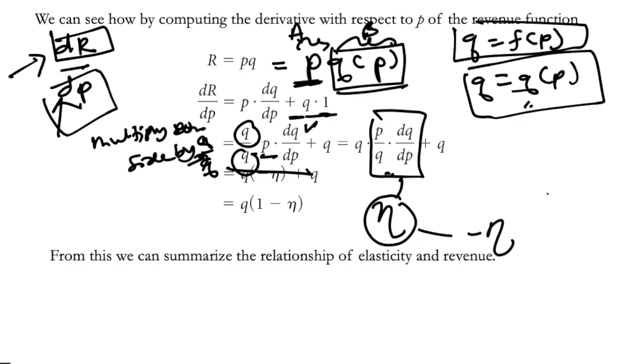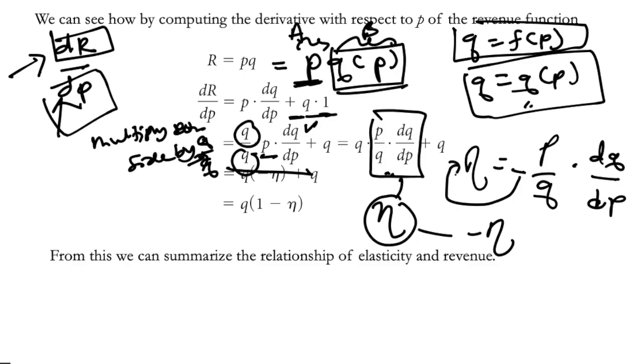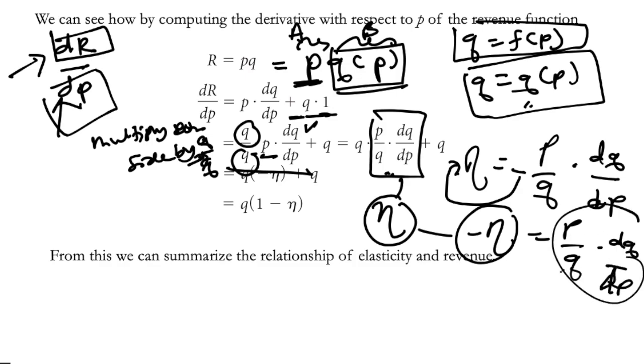You get me? Because P over Q with minus sign from the original formula of elasticity, you bring the minus sign here, it becomes minus eta, then you get positive P over Q times dQ over dP, and this one is similar to this.